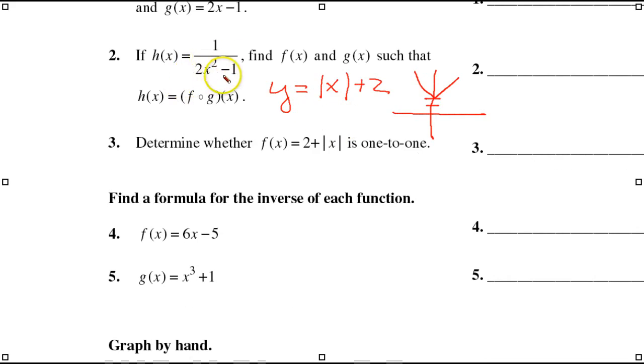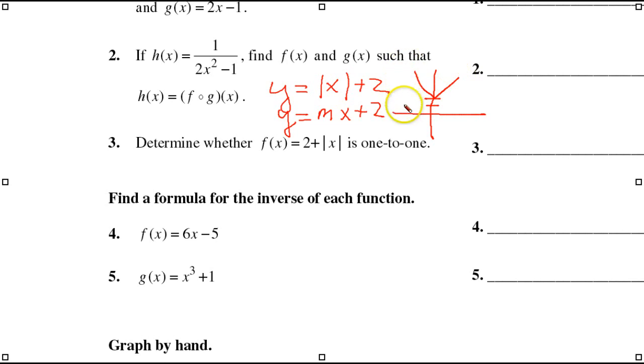Number 2 is similar, and again, we don't want to make it too long. Determine whether this is a one-to-one. Well, I've rewritten it in slope-intercept form: y equals mx plus 2. But whenever we have the absolute value of something, it makes a kind of V shape.